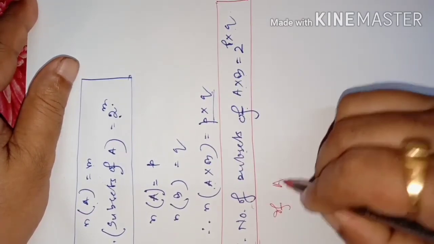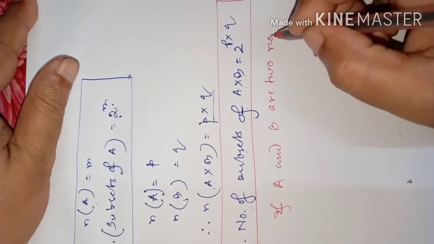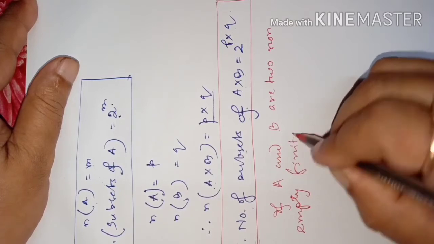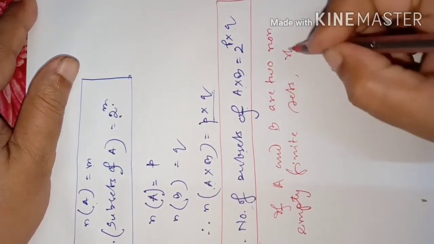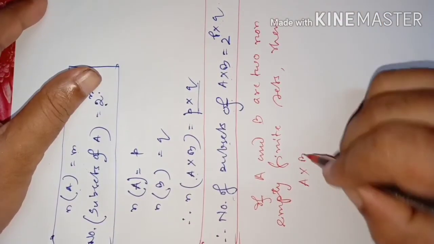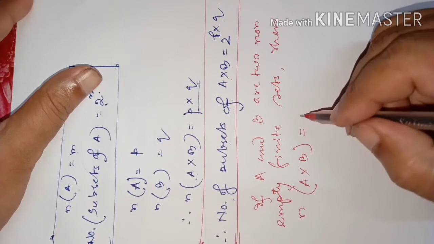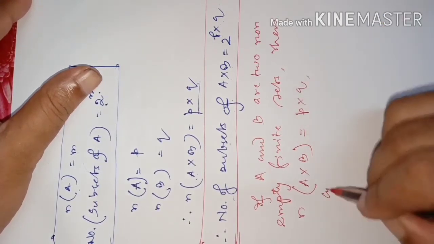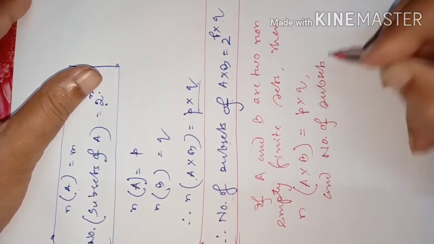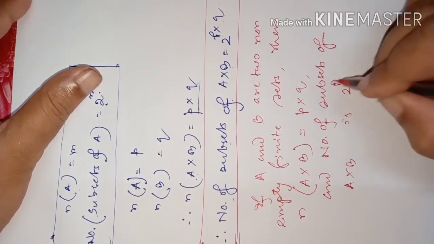If A and B are two non-empty finite sets, then the number of elements in A cross B is equal to P into Q, and the number of subsets of A cross B is 2 to the power of PQ.